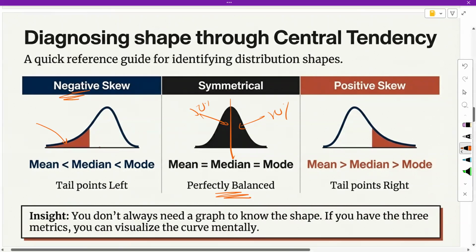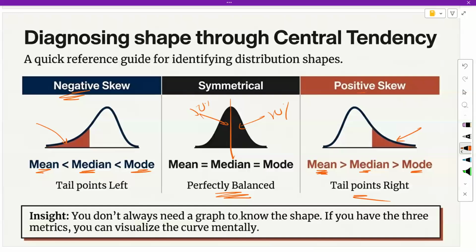In this kind of data set, the mean is less than the median and the median is less than the mode. The other way around, positive skewness, you can observe the tail on the right. This kind of data has a higher mean than median, and a higher median than mode. The tail points right.